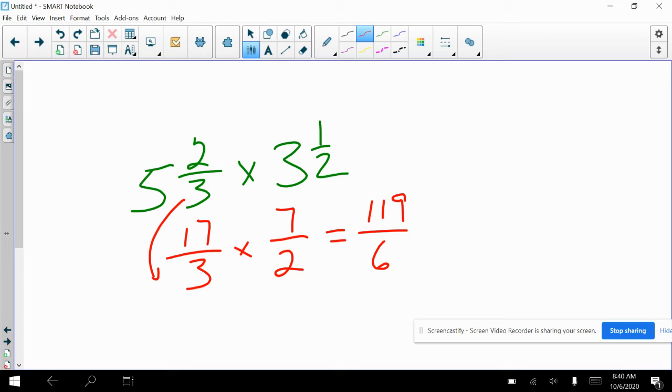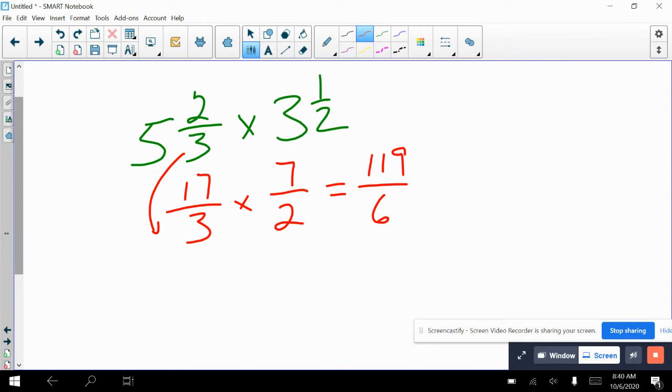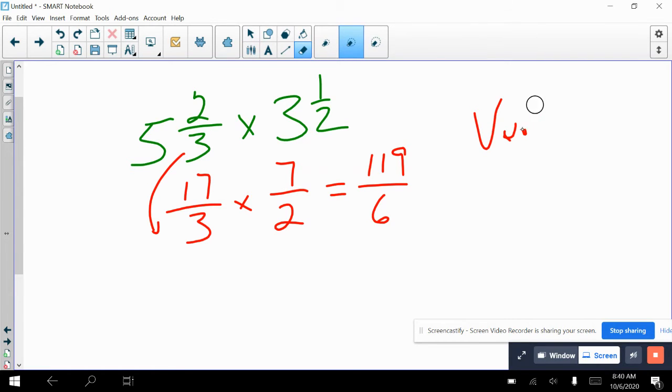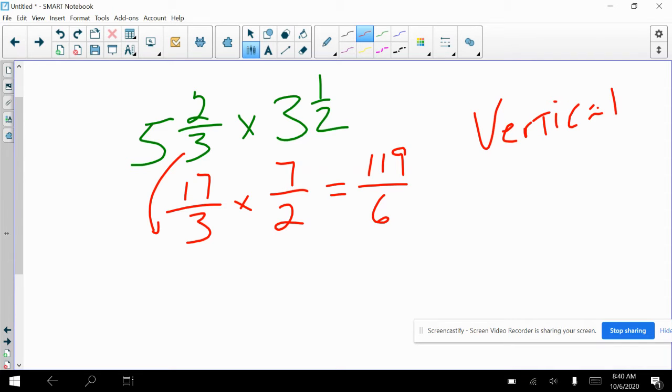Now, the reason I gave you this, I'd like to show you a little trick. Whether you can comprehend this or not, I'm not sure, but I just want to show it to you. This is something that I like to call vertical division.